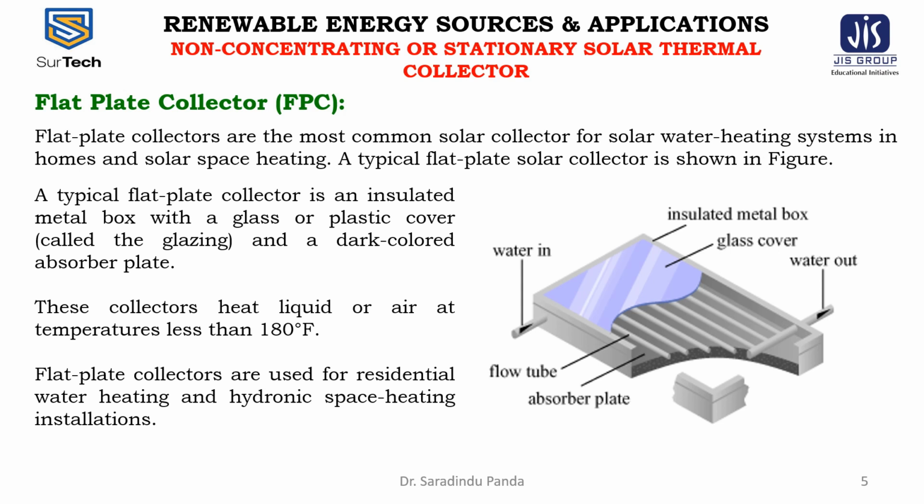The underside of the absorber plate and the sides of the casing are well insulated to reduce the conduction losses. The liquid or air tubes can be welded to the absorbing plate, or they can be an integral part of the plate. The liquid or air tubes are connected at both ends by large diameter header tubes.